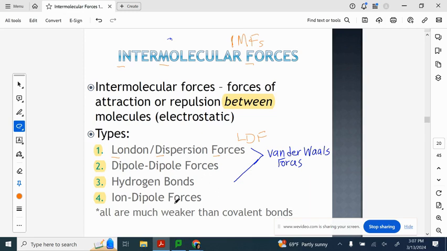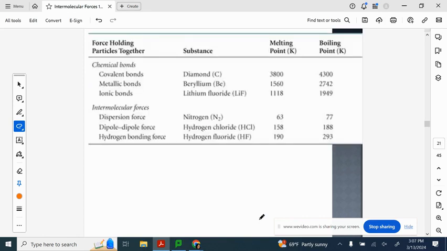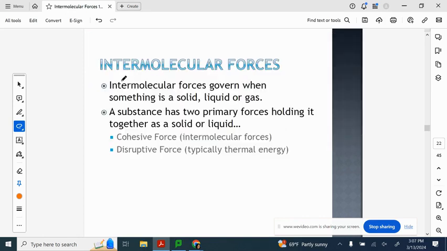But remember, all of these are always going to be weaker than your covalent bonds. Intermolecular forces are going to determine, or IMFs govern, if you would rather say determine, whatever works for you to remember, when something is a solid, liquid, or gas.